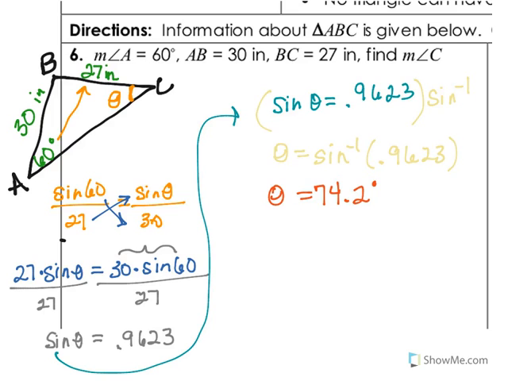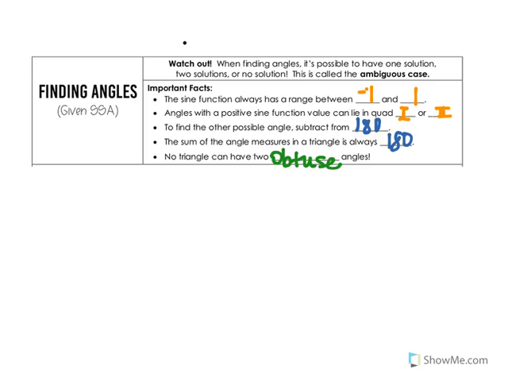Okay, but here's the thing. This could either be 74.2 degrees, or it can be another. This is what I like to call case 1. Case 1 is that the angle measure C is 74.2. Case 2, remember if we go back to here, to find the other possible angle, you're going to subtract from 180.